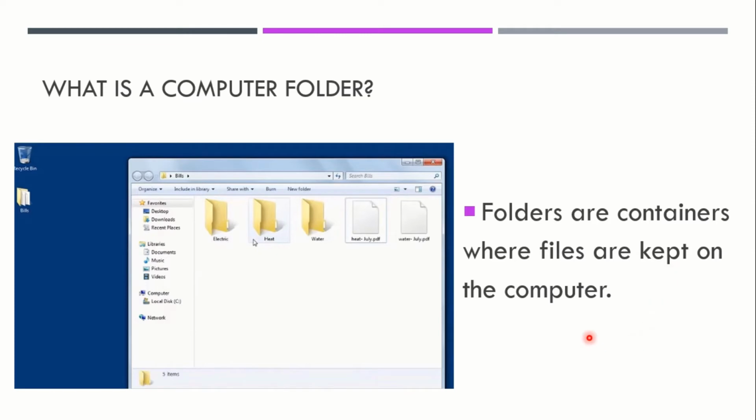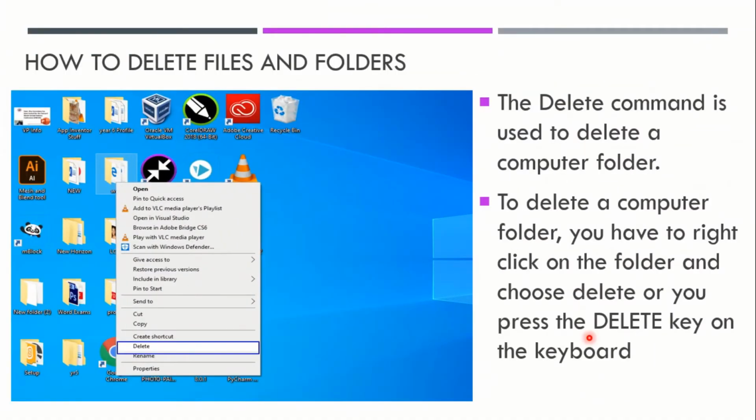Good. So now let's talk about how you can delete files and folders from your computer. The first thing you need to know is the delete command is used to remove computer folders.